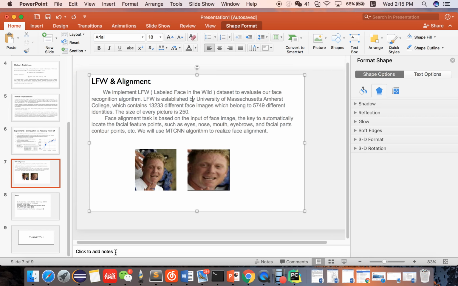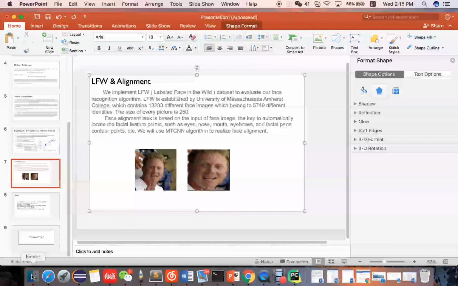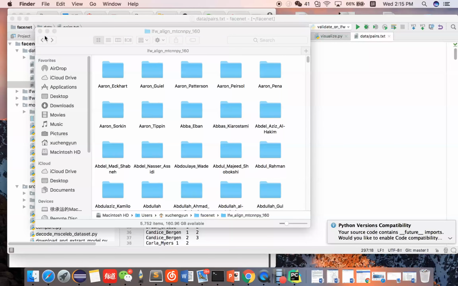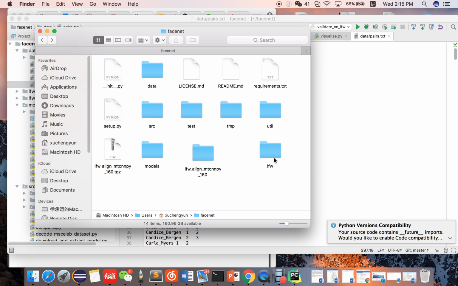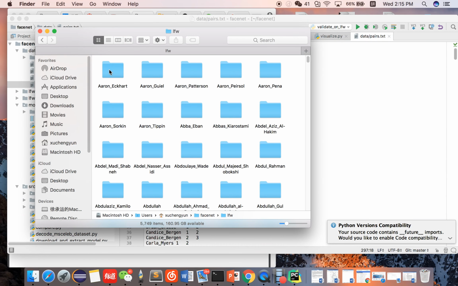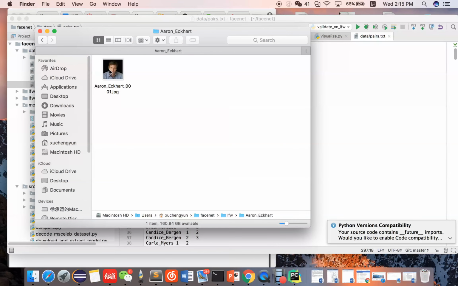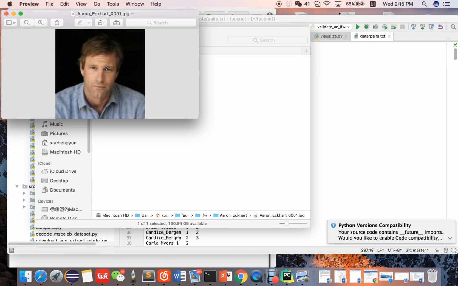And I will show you a demo of the project. First of all, the LFW dataset is downloaded from the LFW database, and you can see that the pictures are not aligned.